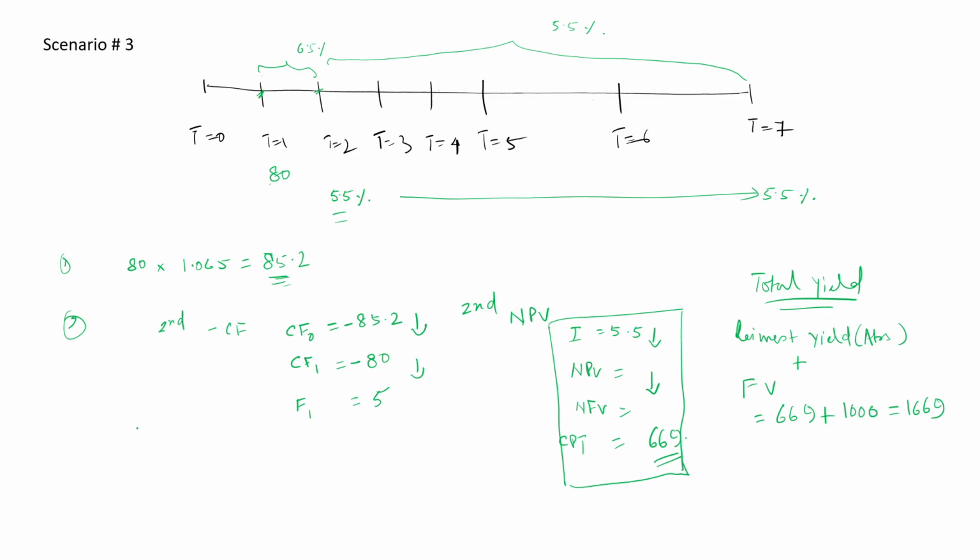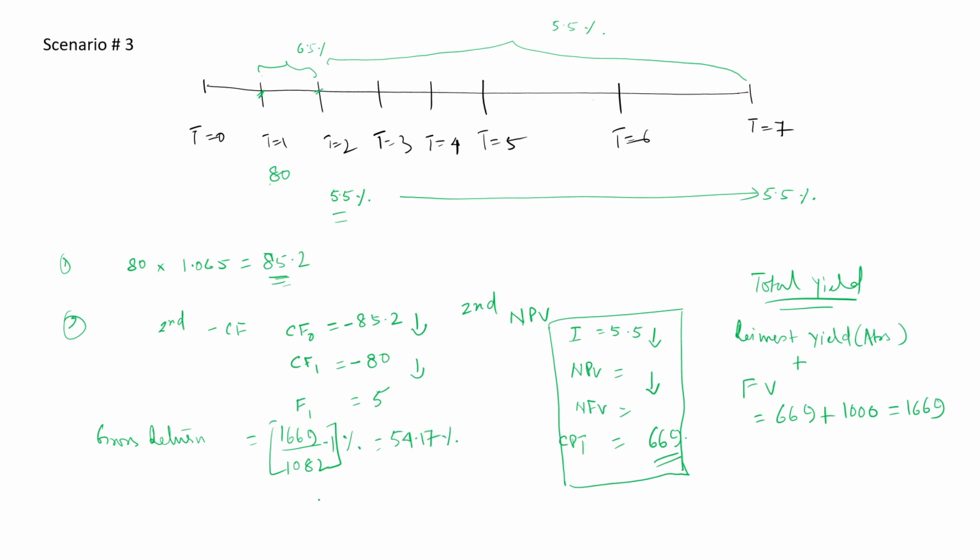Now, having known that this is the total, the gross return over a period of 7 years is very easy to find out now. That is as simple as 1669 divided by 1082, which was your purchase price. So simply deduct 1 from that and take the percentage, and it will give you something close to 54.17%.